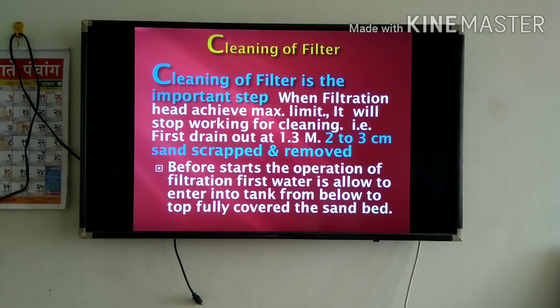Before the filtration operation starts after cleaning, water is first allowed to enter the tank from below to top, fully covering the sand. That means the water starts to fill the tank from bottom to top, and the sand bed is fully covered with water, that is, dipped into the water.